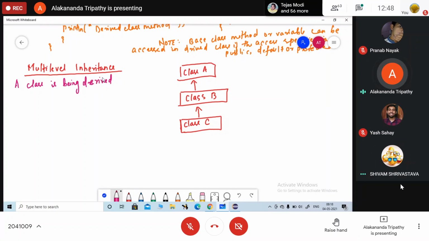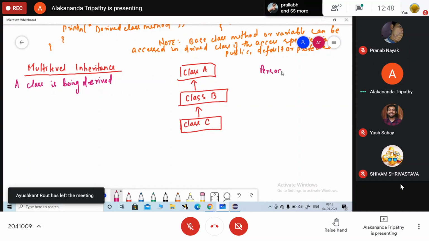Any other example? Student inherits the properties of a class. Class inherits the properties of a school. Yes, it can happen. Yes, it can happen. And take person.